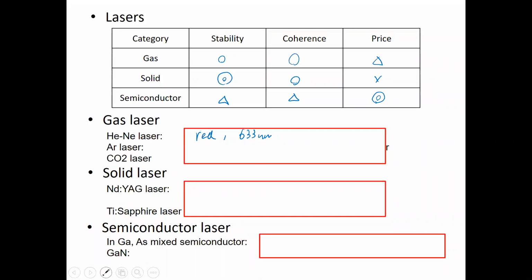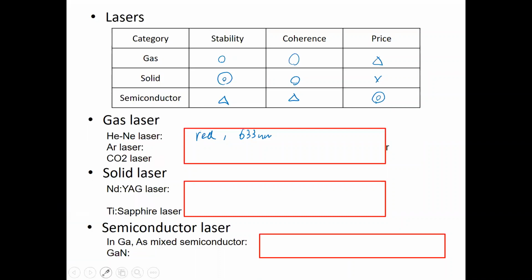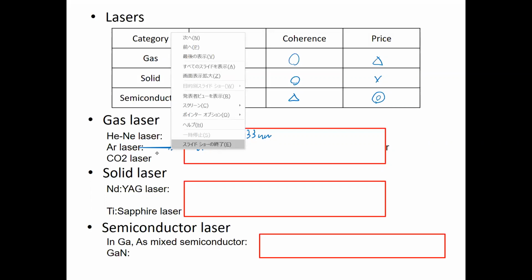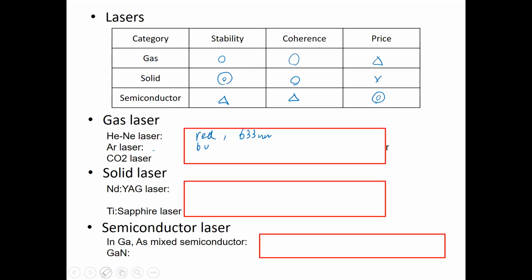Also, argon is used as a gas laser, which has blue light, 488 nanometer.